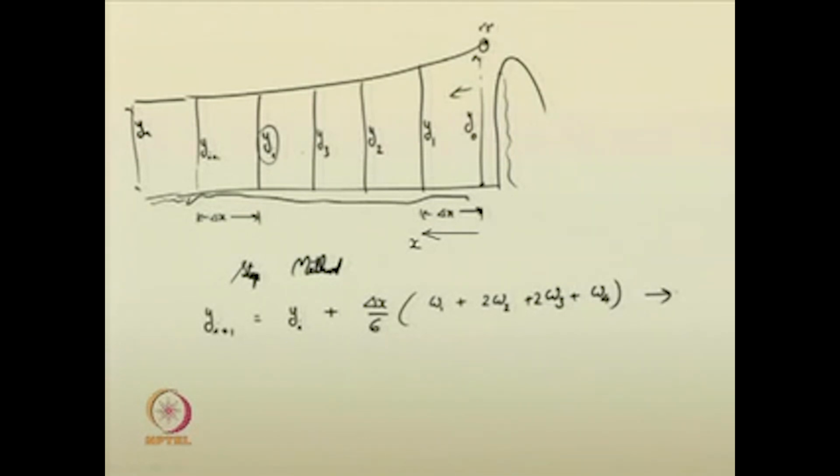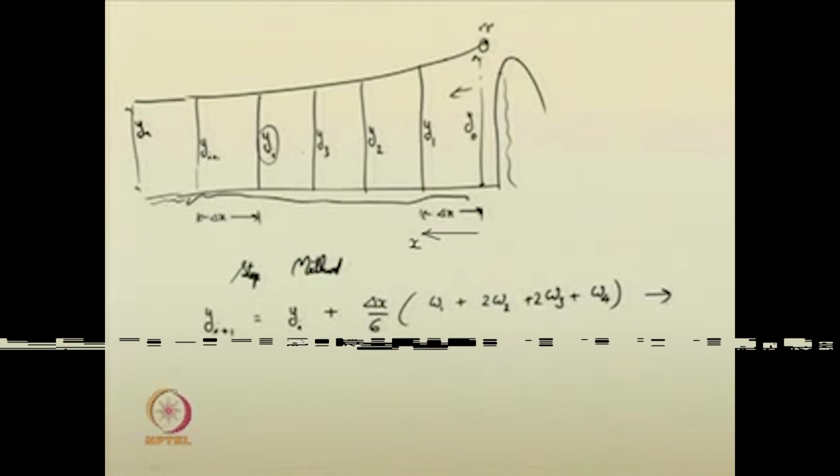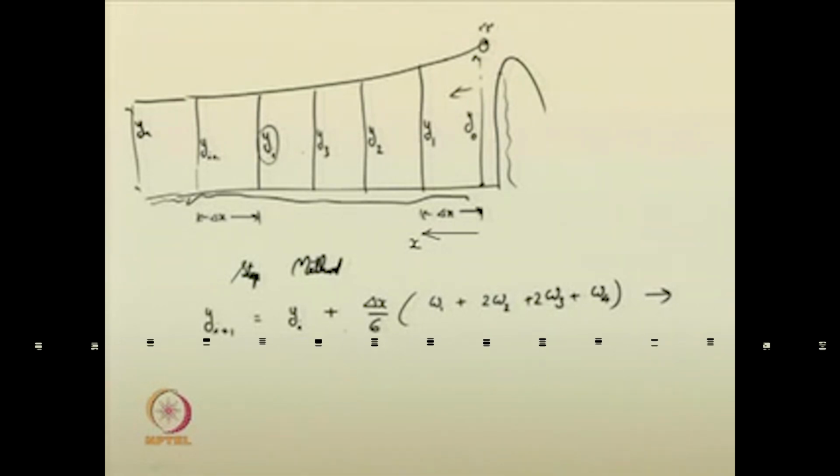This is the fundamental equation in the Runge-Kutta method to compute the unknown value. This is the main equation; I can write it with whatever notation you like.